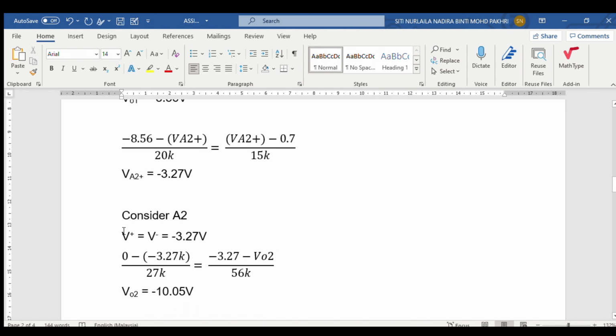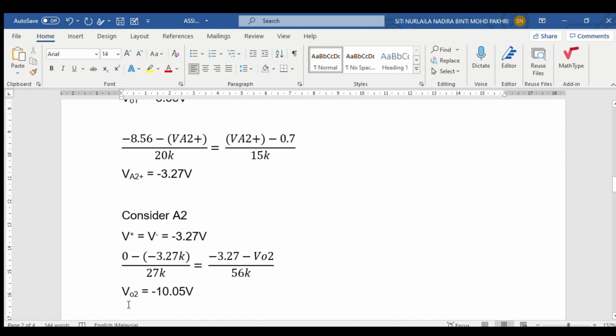V+ is equal to V-, and it is equal to negative 3.27 volt. (0 minus negative 3.27) over 27k is equal to (negative 3.27 minus V02) over 56k, and we will obtain the value for V02.